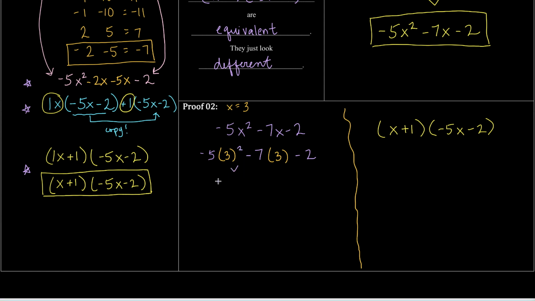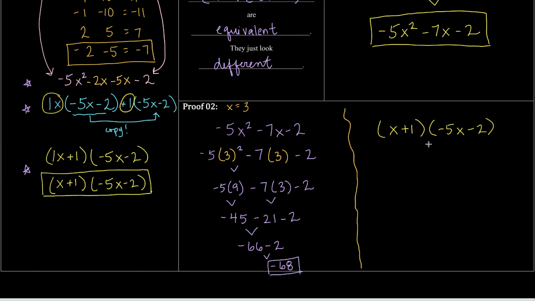So 3 to the second power is 9, because 3 times 3 is 9. Minus 7 times 3 minus 2. So a negative times a positive is a negative 45. Negative times a positive is a negative 21 minus 2. And then that's negative 66. Negative 66 minus 2, which is negative 68.